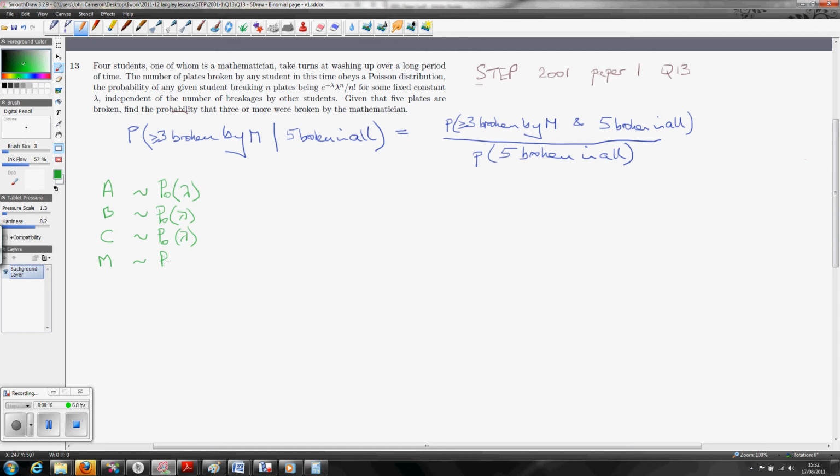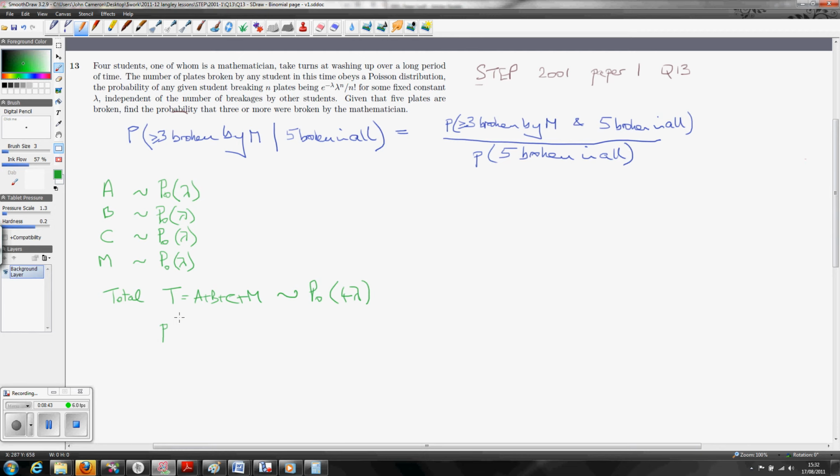And the sum of Poisson distributions is another Poisson distribution where you simply add the parameters. So the total breakage, T, which is A plus B plus C plus M, is a Poisson distribution for 4 lambda. It's not that hard to show that, but I'm not going to show that here.